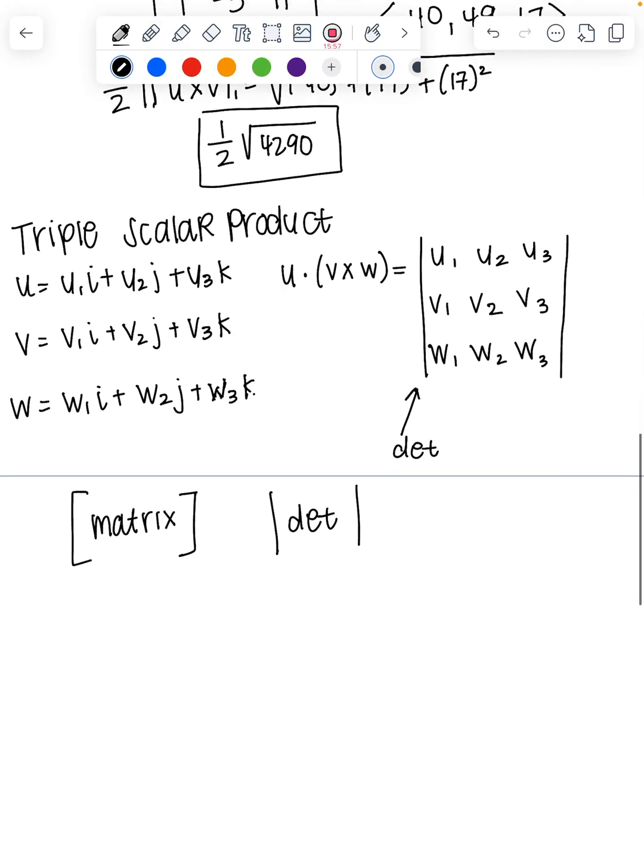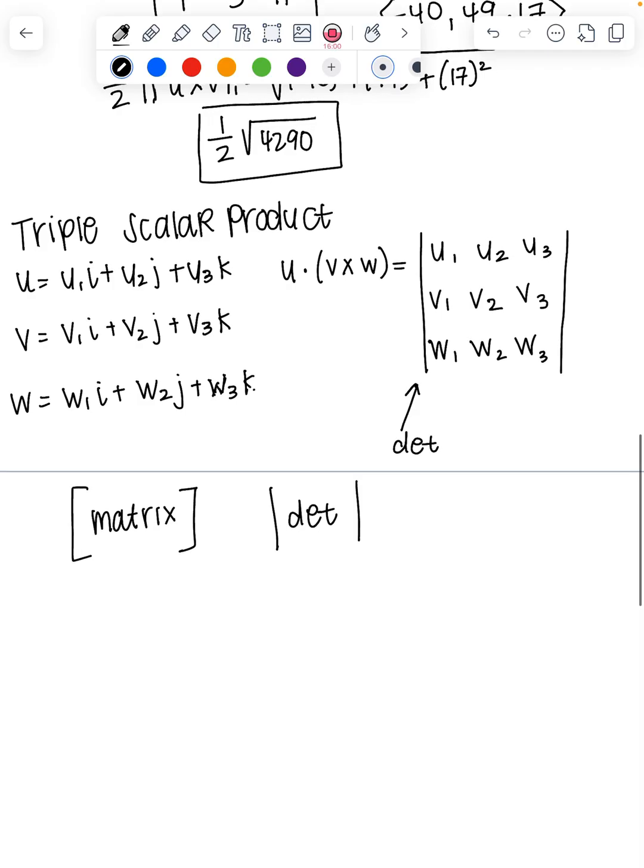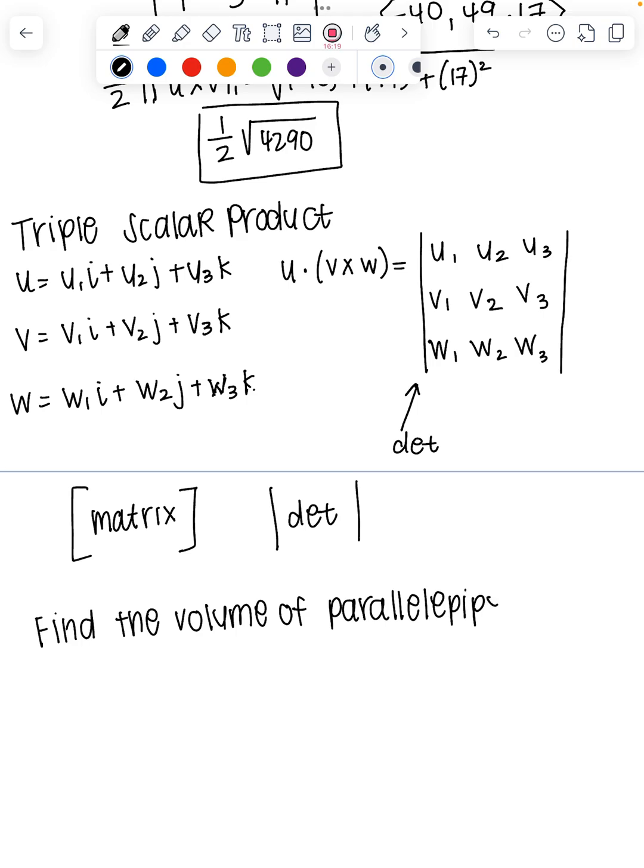Okay, there's going to be a question that's going to ask you to find the volume of a parallelepiped. What in the heck is that?